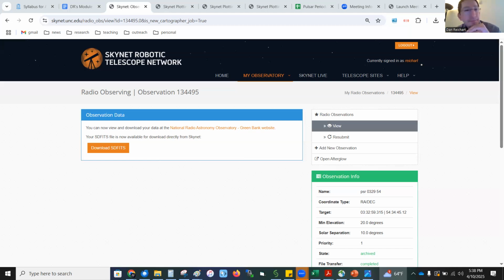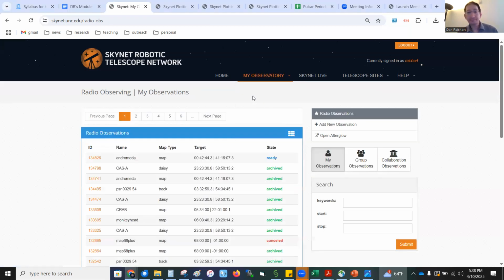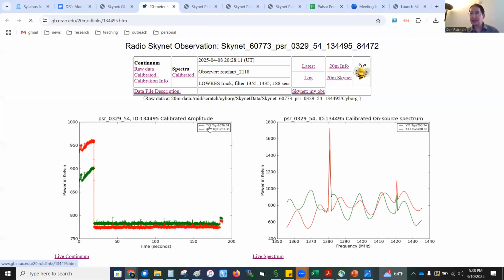So let's get started. You go to Skynet, go to radio observing, find your 0329+54, or maybe one of your teammates observed it and they've given you the link in the observation log. It should look like this. Click on it, we can see the preliminary data products.